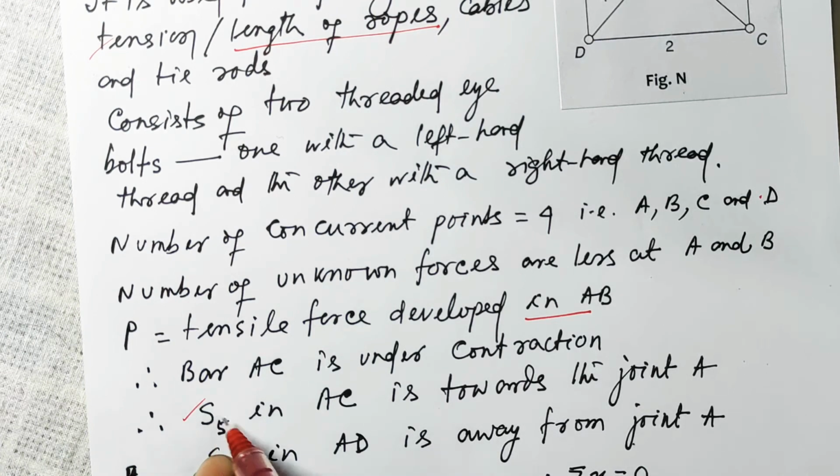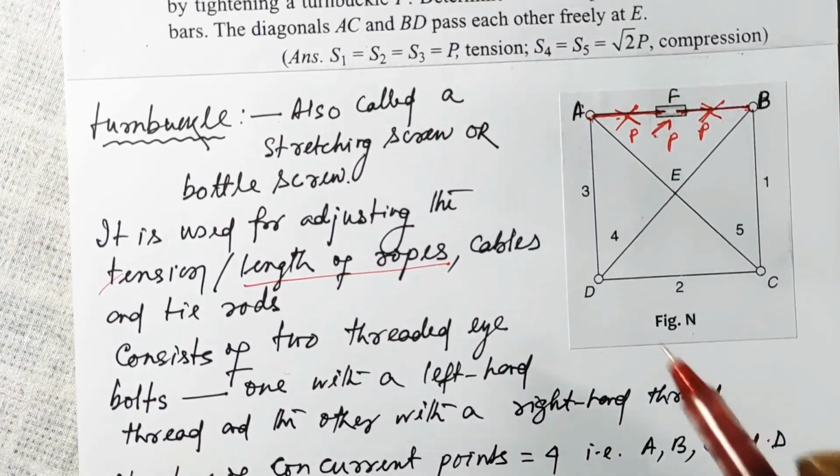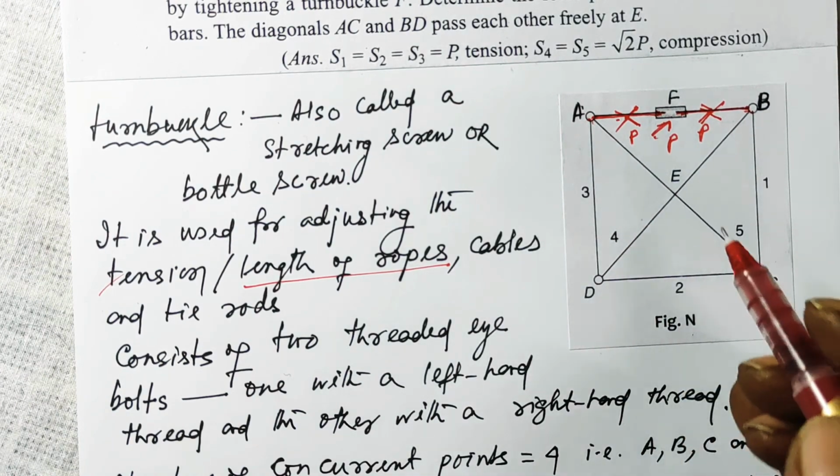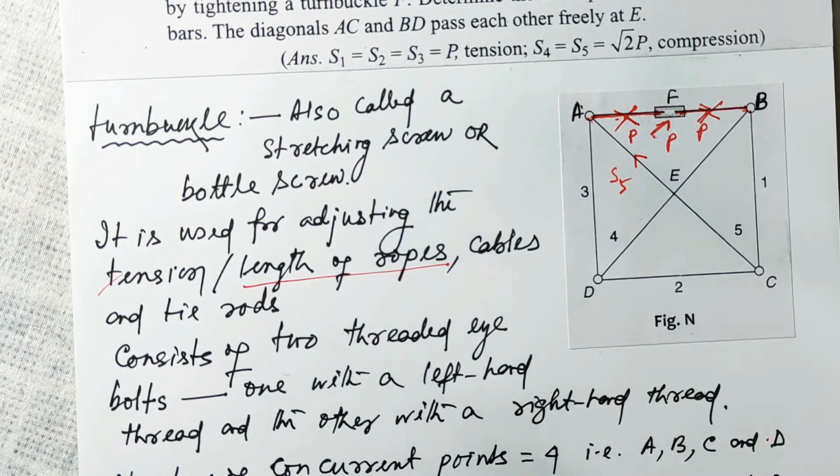Therefore the tension developed in the bar AC, let it be S5, is towards the joint A. This is taken as the fifth rod, so S5 will be towards the joint A.